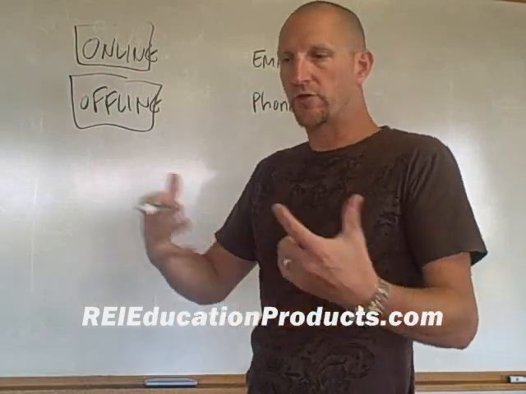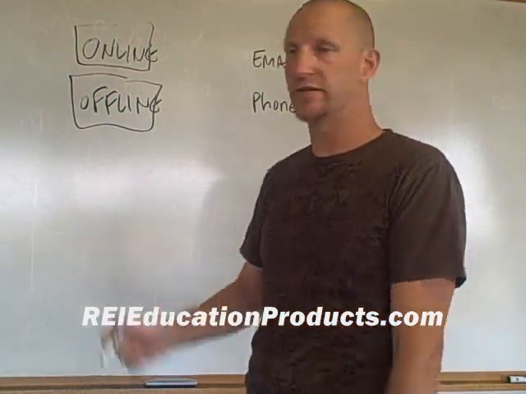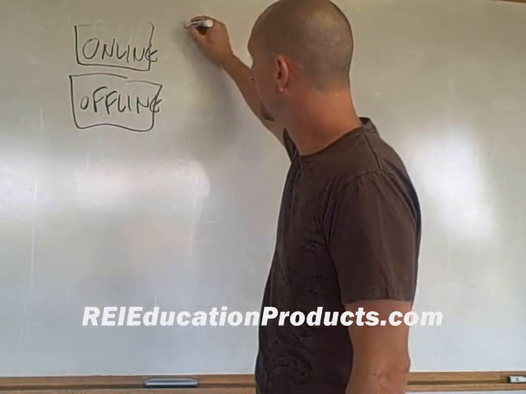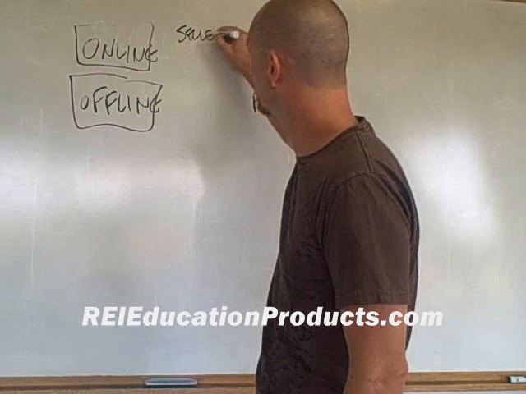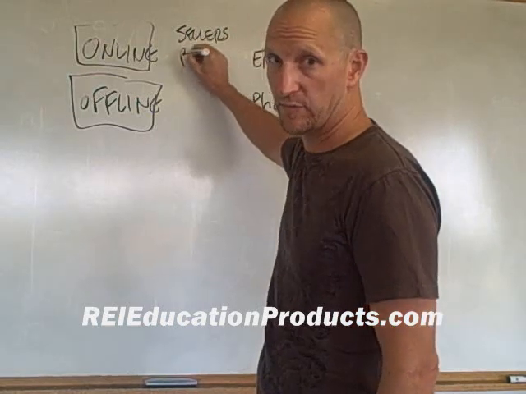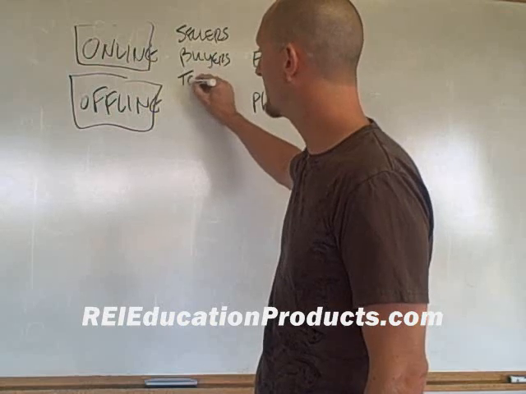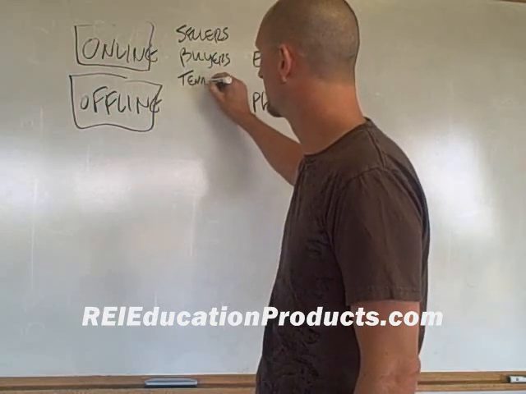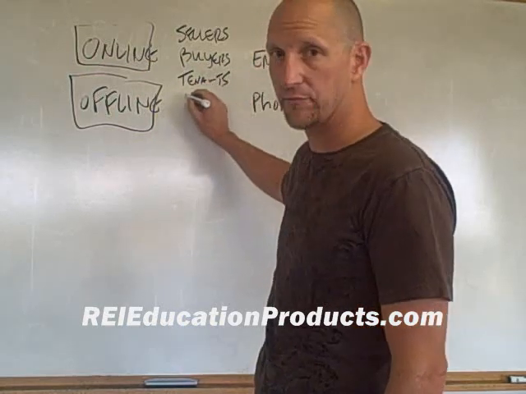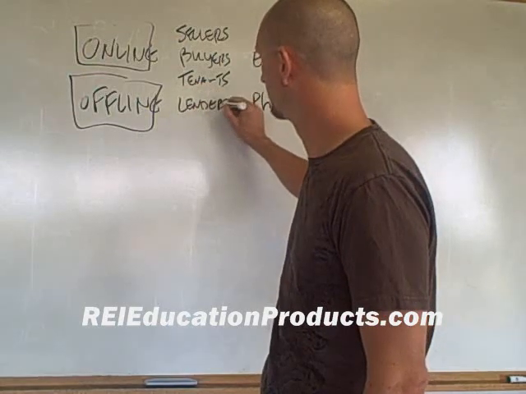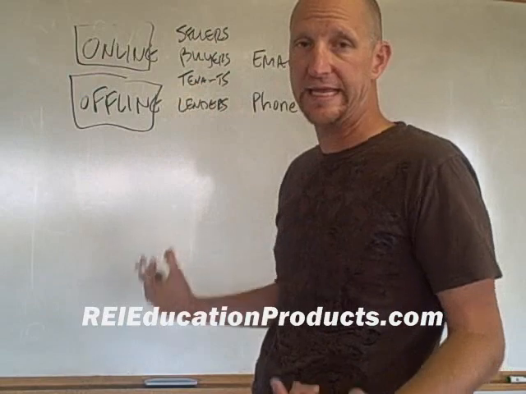So let's take a look at real estate investors. Who are the prospects and the leads that we're trying to generate? Well, we have sellers, we have buyers, we have tenants, and we have lenders. So this is who we need in our business.